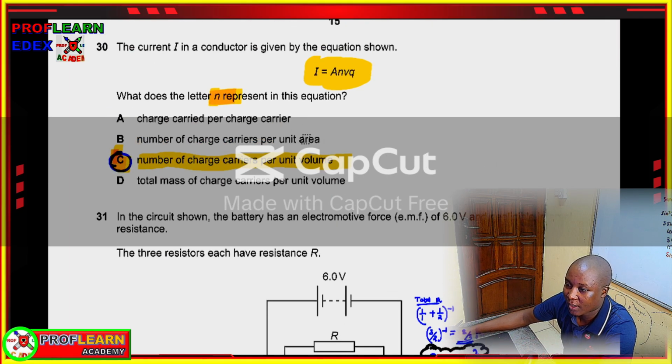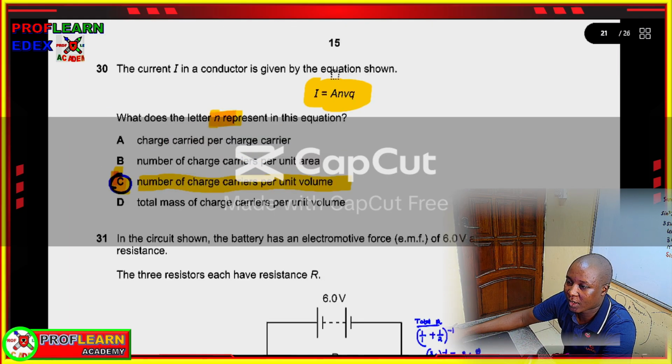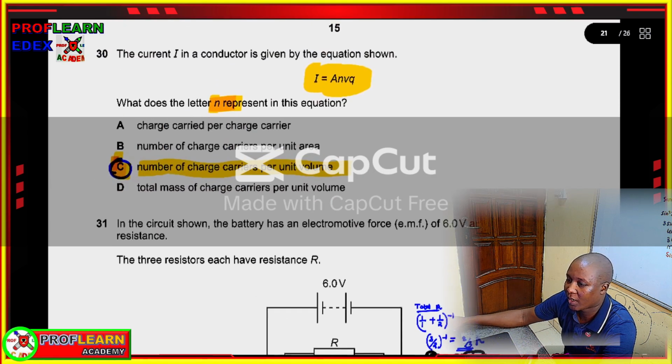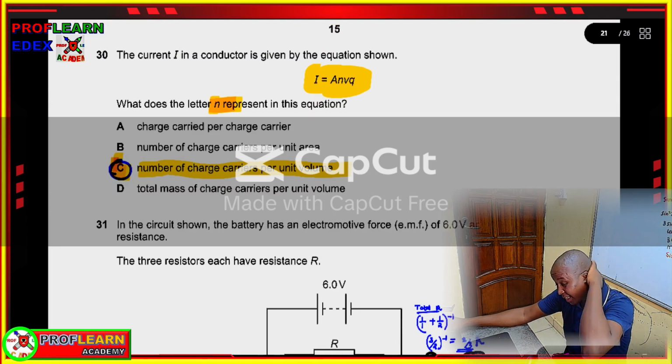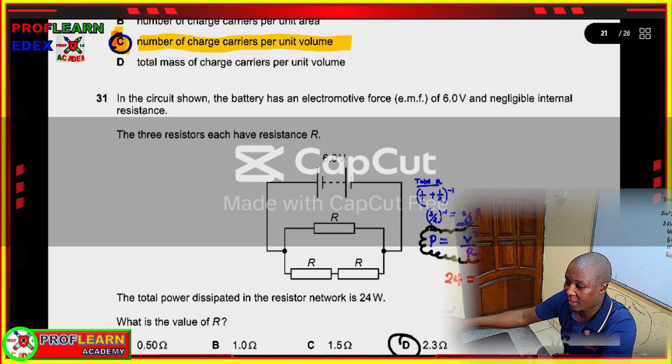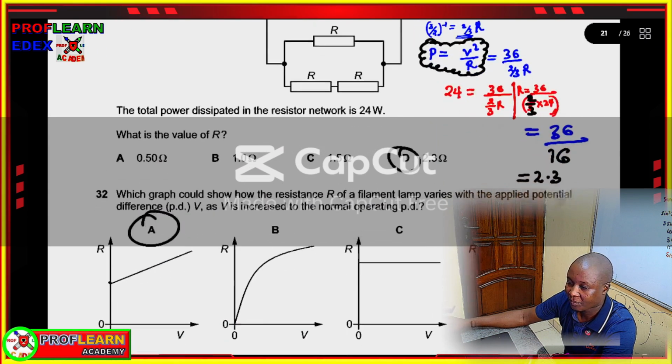Of course, I is current, A is the cross-section area of the conductor, v is the velocity of the charge carriers, and q is the charge of each charge carrier. So if we are talking of electrons, that's going to be 1.6 times 10 raised to power negative 19.